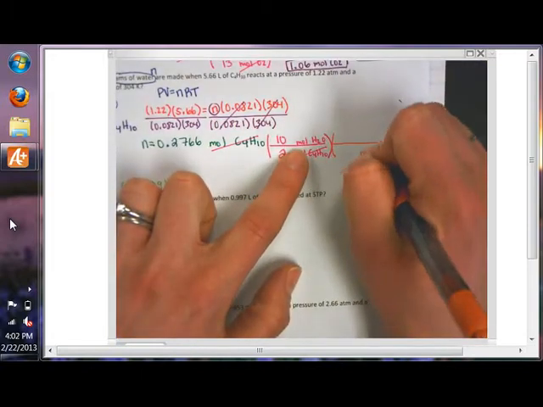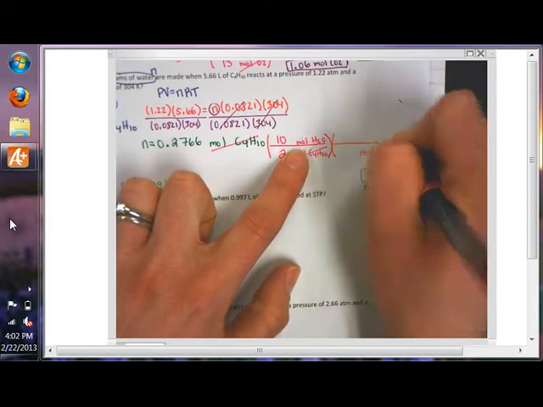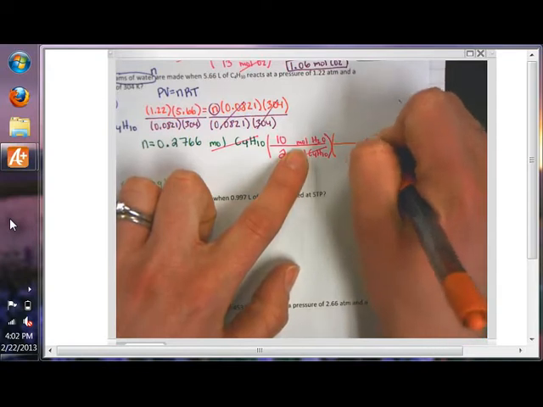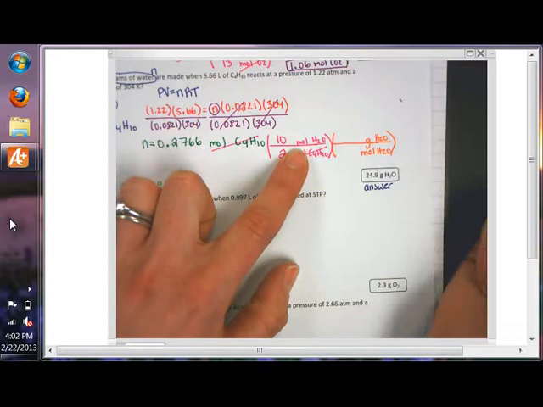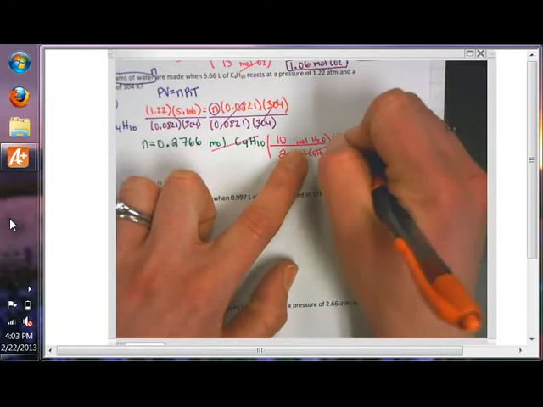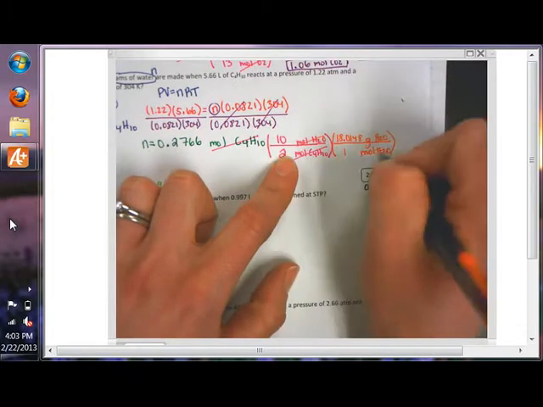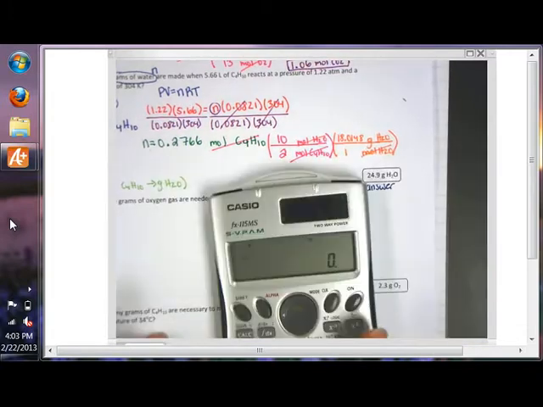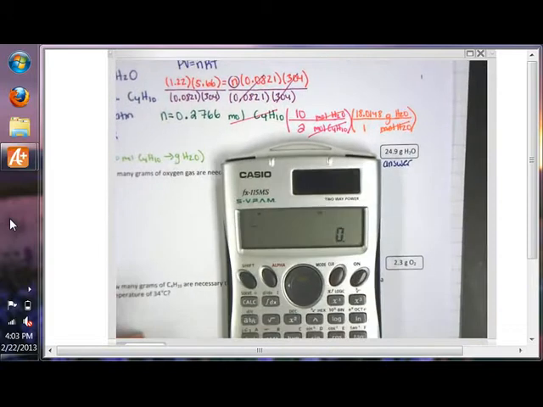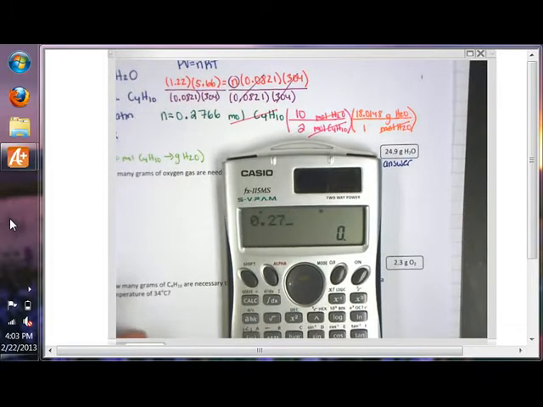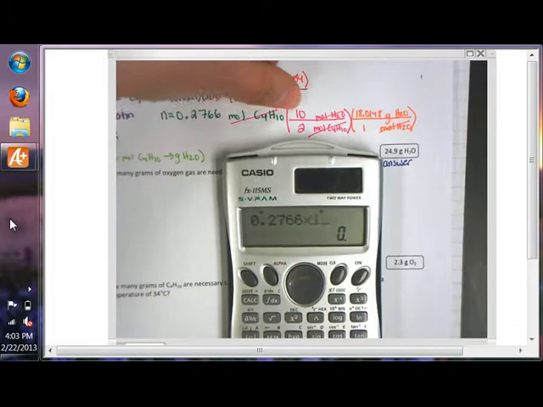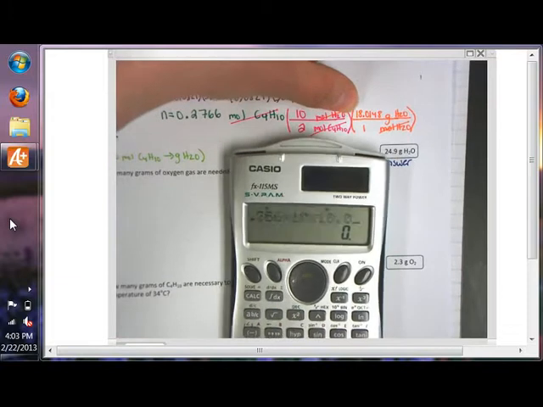Moles of water go on bottom to cancel. Grams of water go on top. Moles gets a 1. Grams gets an 18.0148. Moles cancels out. Type that into my trusty calculator: 0.2766 times 10 times 18.0148 divided by 2.